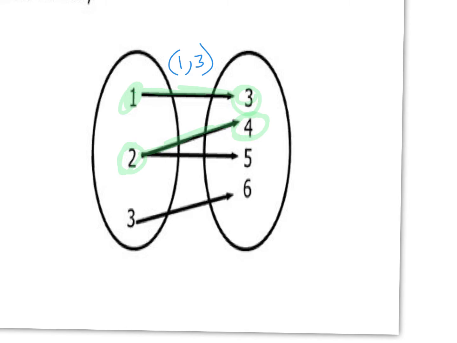So this is the ordered pair 2, 4. Now again, we're going to start at 2. We're going to go to 5 this time. So this is the coordinate 2, 5. And then we have 3 going to 6. So we have the coordinate 3, 6.